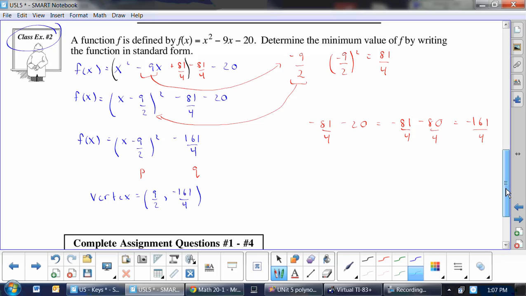And we know that it's a positive 9 over 2 because it's like x minus positive 9 over 2, which is why we stressed it so much earlier that you have x minus something. And so if this is our vertex, our minimum value is negative 161 over 4 because it's always going to be the y of our vertex.